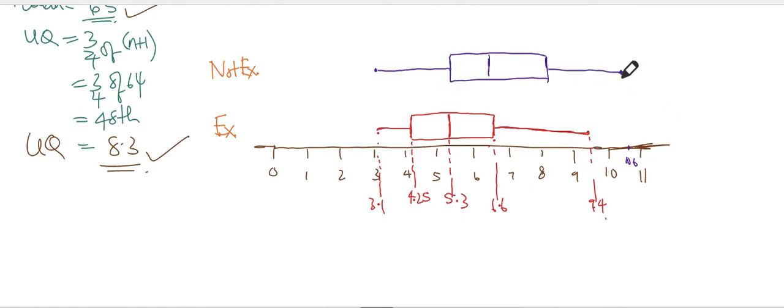If you want, you can label this. It's 10.6, and this is 3.1, and this is 5.4, and this is 6.5. Yeah, looks like it.